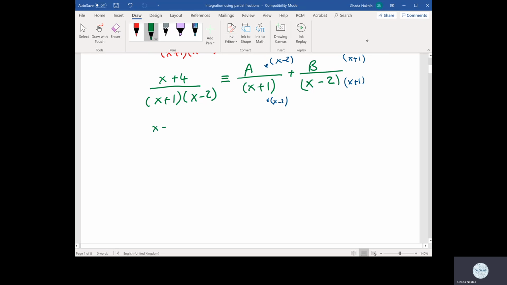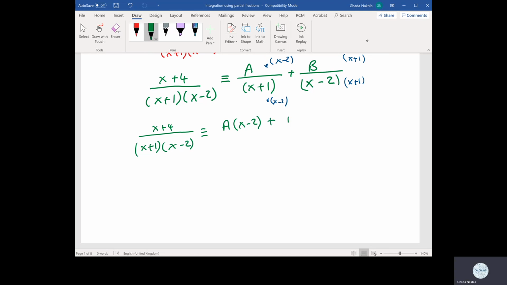So (x plus 4) over (x plus 1)(x minus 2) is equivalent to a multiplied by (x minus 2) plus b multiplied by (x plus 1), over a common denominator, which is (x plus 1)(x minus 2). So the numerator again is a(x minus 2) plus b(x plus 1), divided by the common denominator.